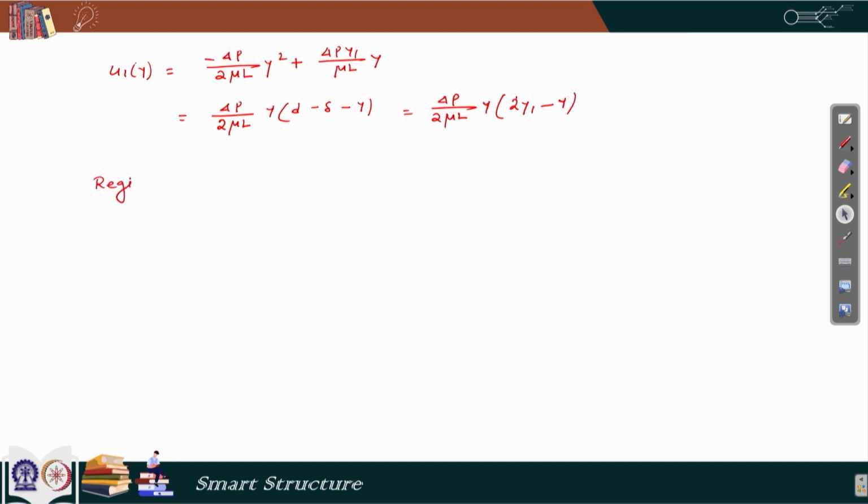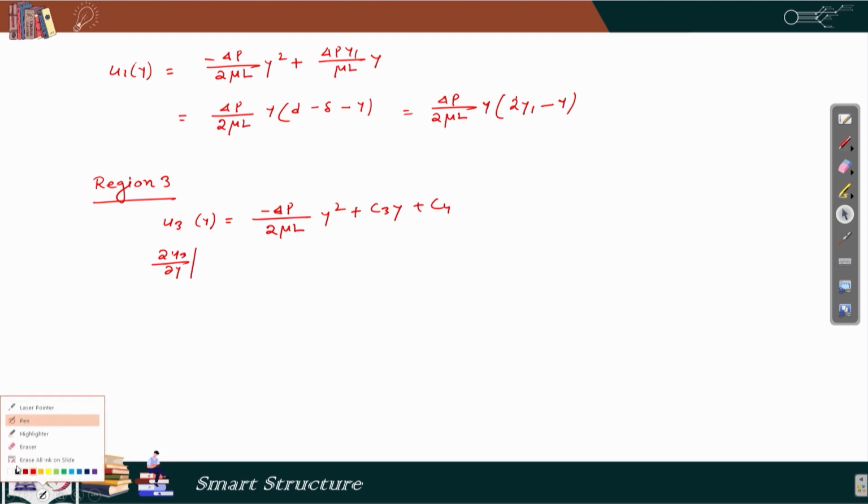Now let us go to region 3. In region 3 we can just say that the flow profile would look symmetric, but still we can derive that. So, in region 3 if we denote the velocity as u3, u3 becomes minus del p by 2 mu L y square plus C3 y plus C4.